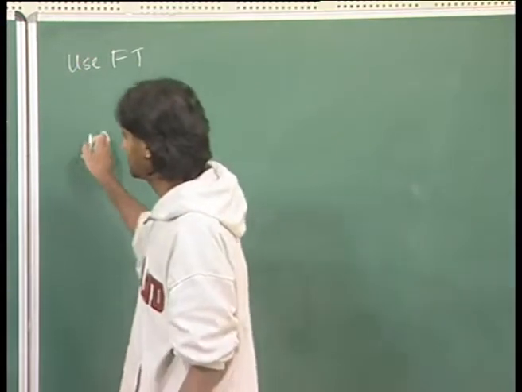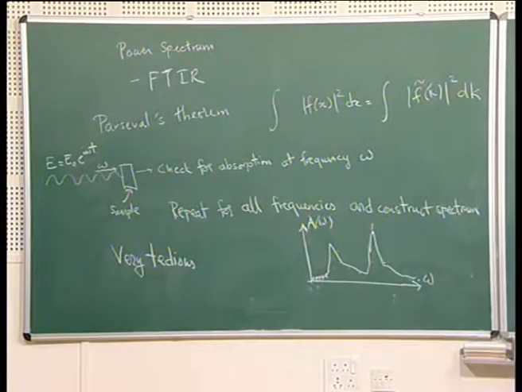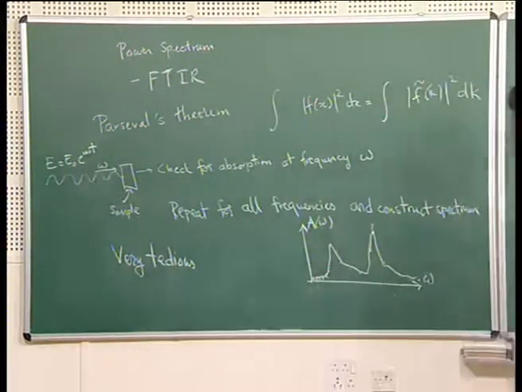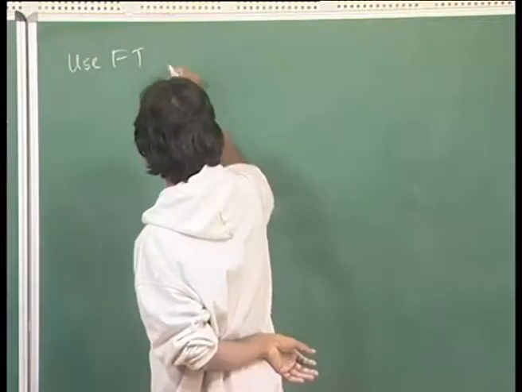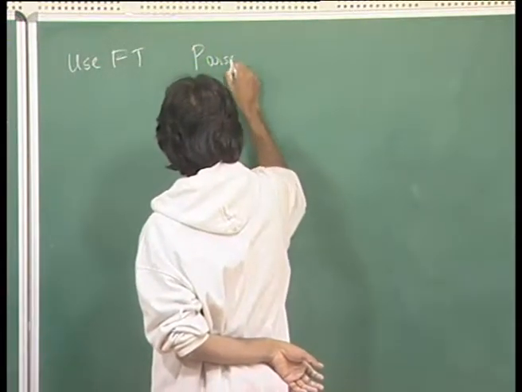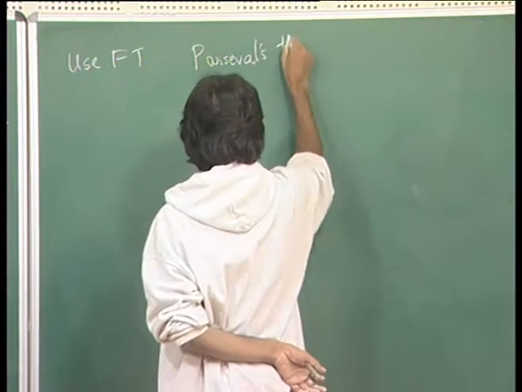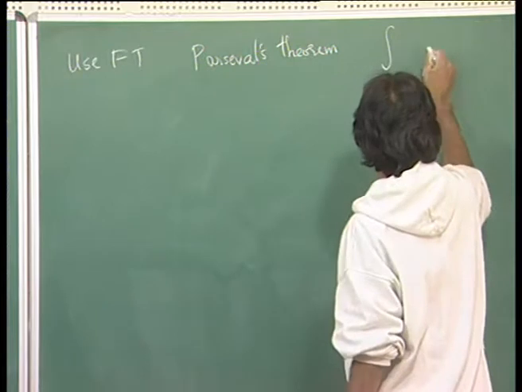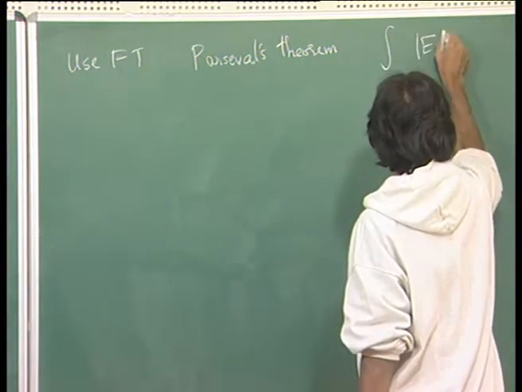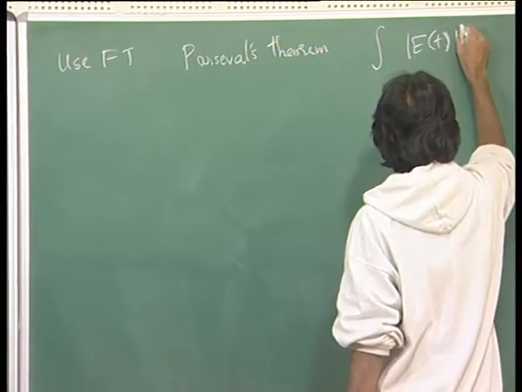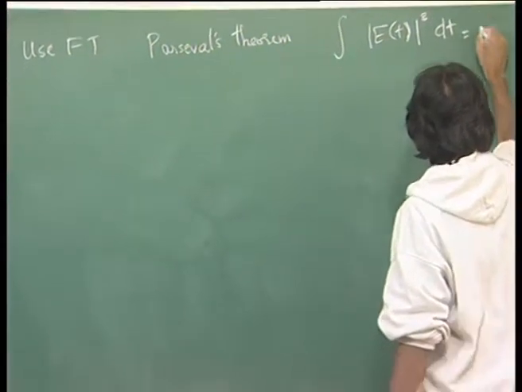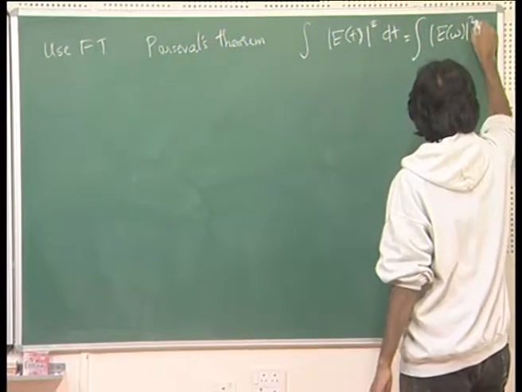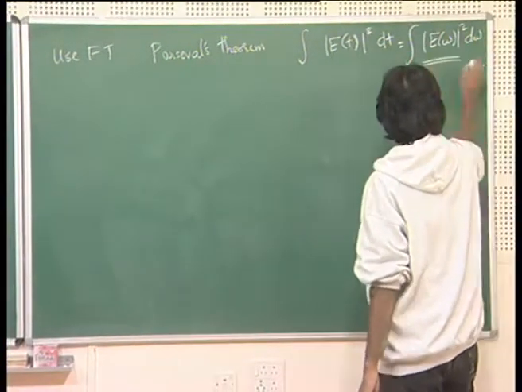The idea is, and this is where we will use Parseval's theorem, that instead of doing it in the time domain, we will do it in the frequency domain. The theorem says the integral of the electric field squared is equal to the integral of E of omega squared d omega.